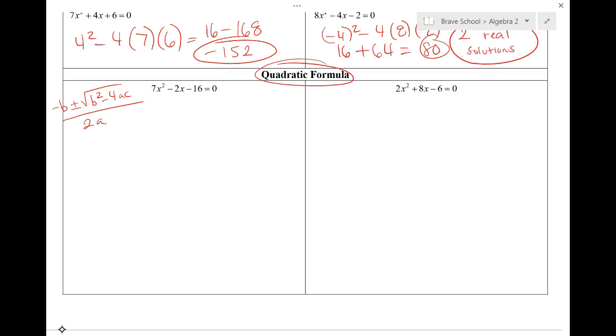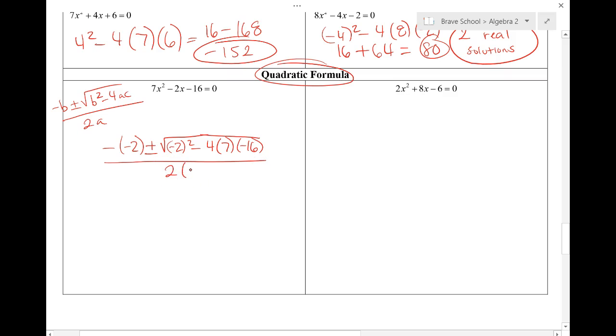Now the nice thing about this formula is that once you have it, you just plug in the numbers and then solve for it. So we're going to plug in for b, negative 2, so negative times negative 2, plus or minus the square root of b squared, so negative 2 squared, minus 4 times a, which is 7, times negative 16, which is our c, all of that over 2 times the a, which is 7.